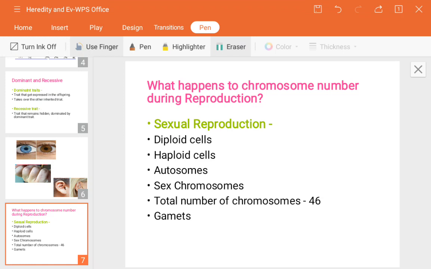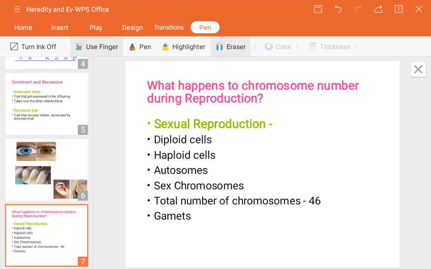Now what happens? Suppose we take one example of how the parents are involved during reproduction. We have seen the chromosome numbers now, so how will these be transferred? Chromosomes from the mother and father get transmitted.